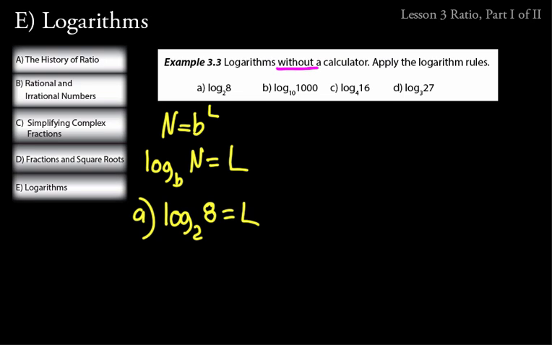In the n equals b to the L relationship, the exponent relationship, we would say that 8 is equal to 2 to the L. And these aren't designed to be some weird decimal number. I mean, just think about it. 2 to the what equals 8? Well, 2 cubed equals 8, right? 2 times 2 times 2. So L is 3.